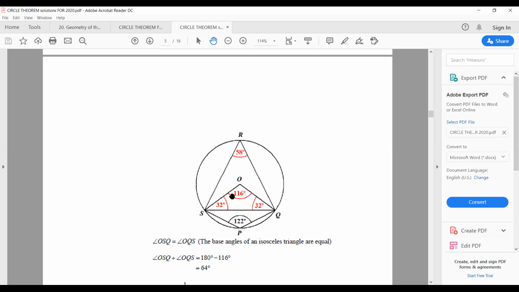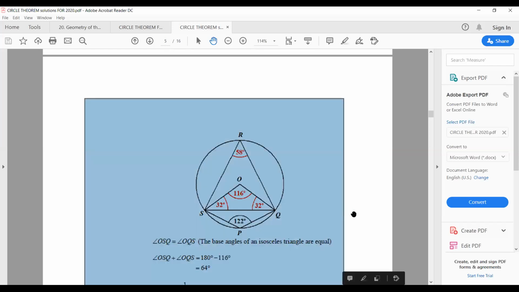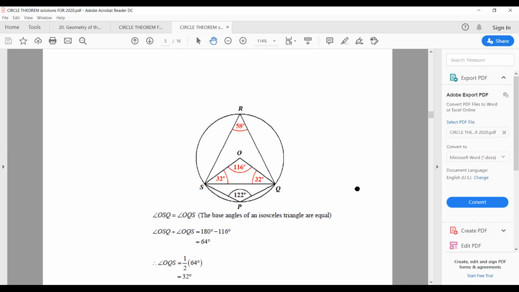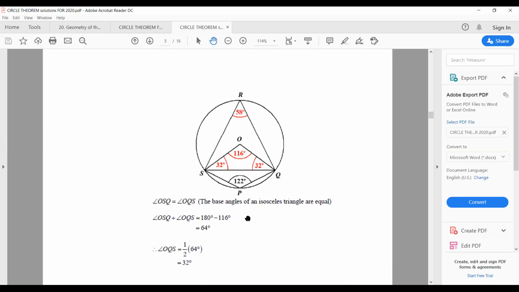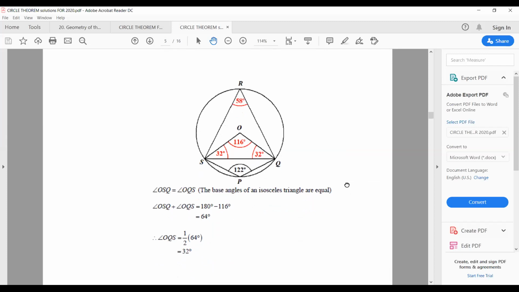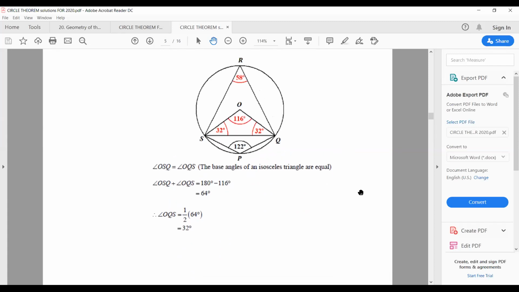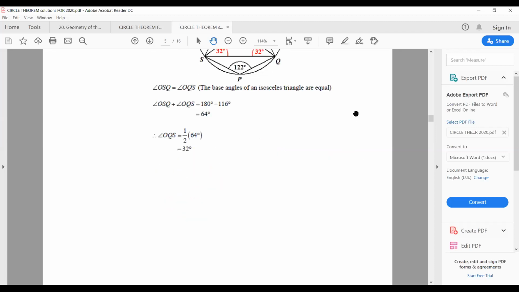So if we know the top here is 116, then it's just 180 take away 116, which is 64. And of course, 64 divided by 2 is 32. So that means here is 32 and here is 32. So that makes this an isosceles triangle. Everybody okay? This is the working here for it. Any questions? If you have a question, you can raise your hand. Okie doke.